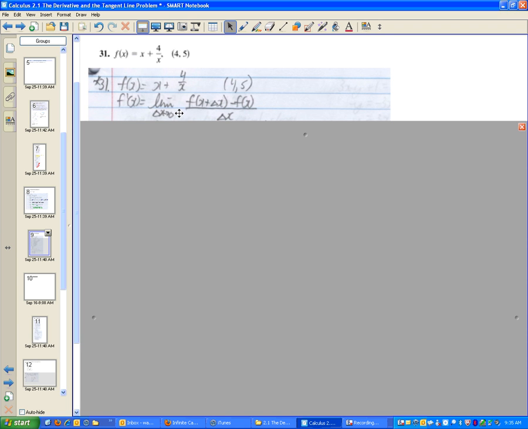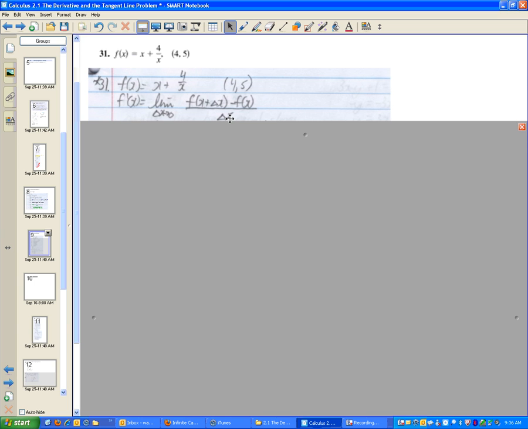Our definition of derivative says that f prime of x equals the limit as delta x approaches 0 of f of x plus delta x minus f of x over delta x. I want you to write the next step. Don't use the one that has F unless you have to.